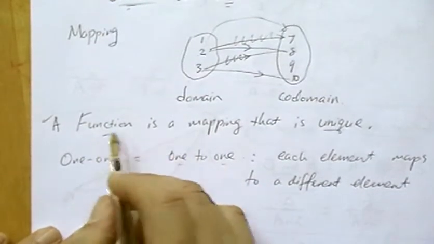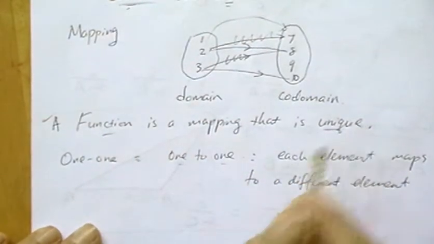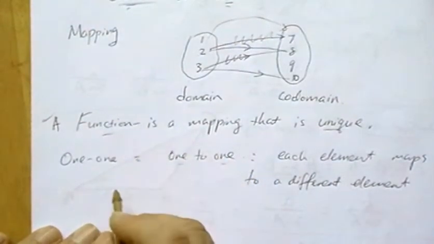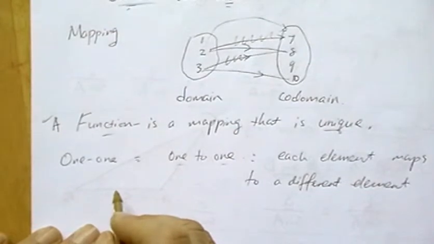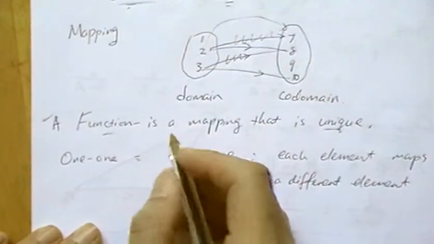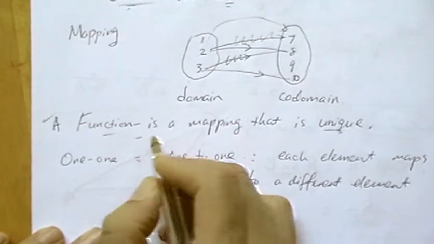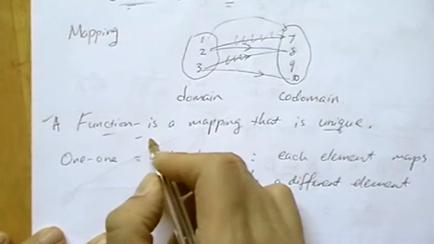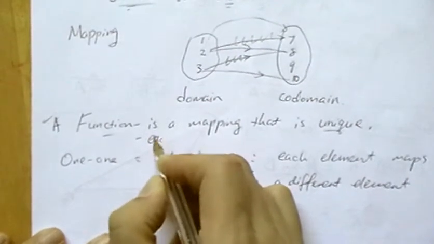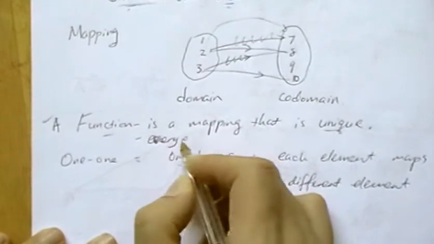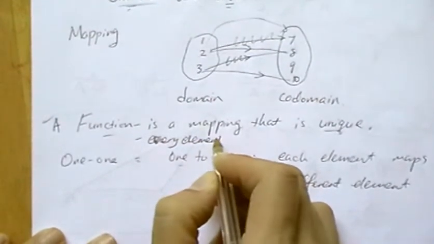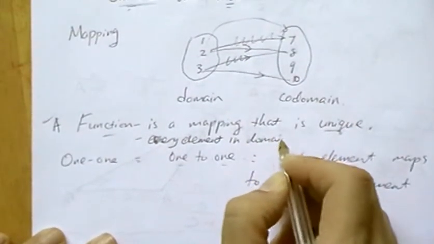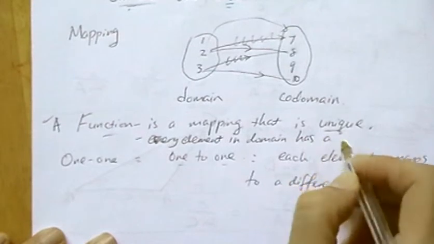So let me write this more clearly. A function is a mapping that is unique, and that every element in the domain has a mapping.